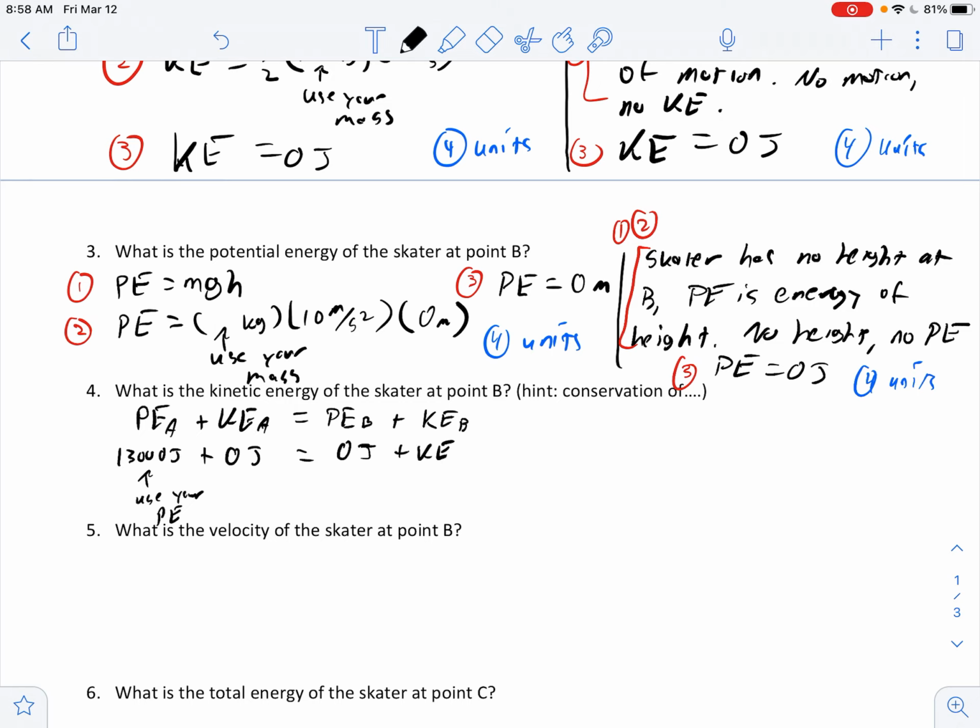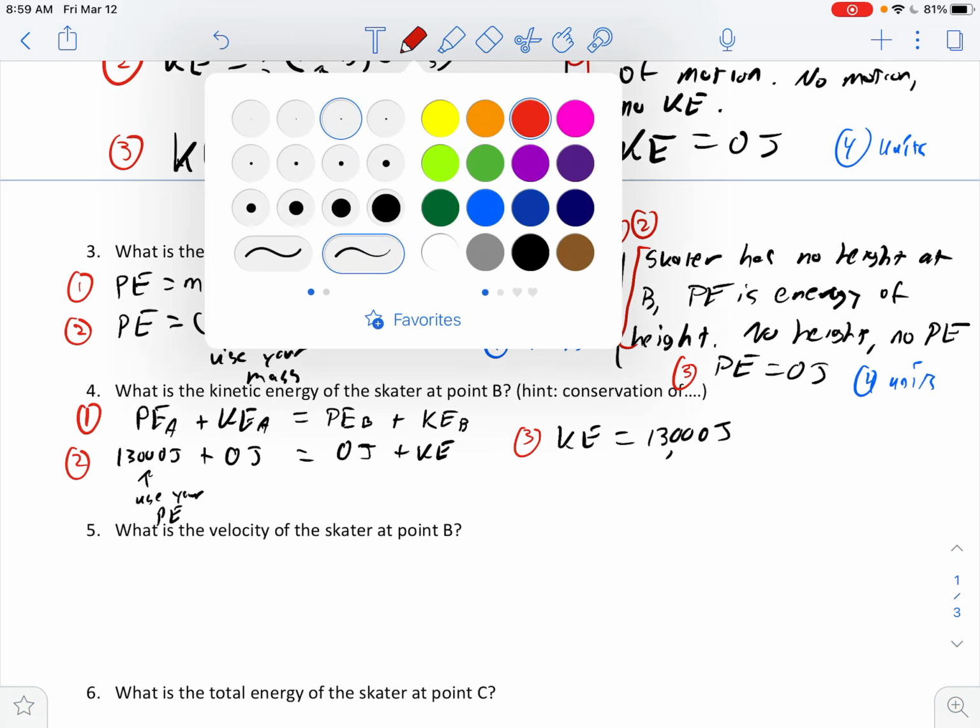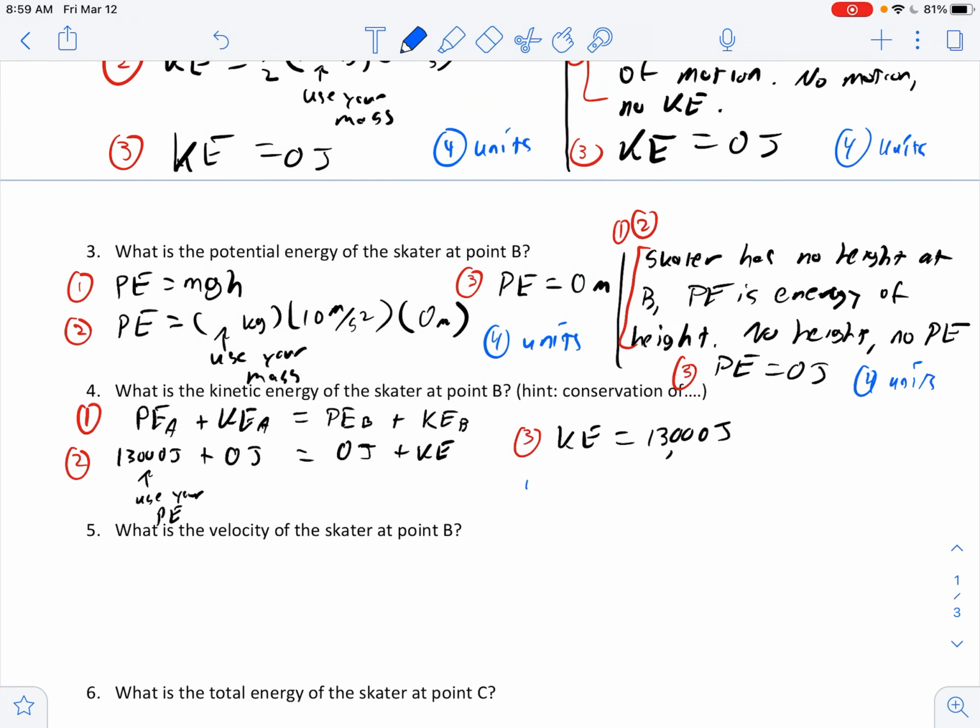So we've got one equation with one unknown: 13,000 plus 0 is equal to 0 plus kinetic energy. Kinetic energy is 13,000 joules. Now notice I've got my equation, my substitution, my answer, and of course my units.